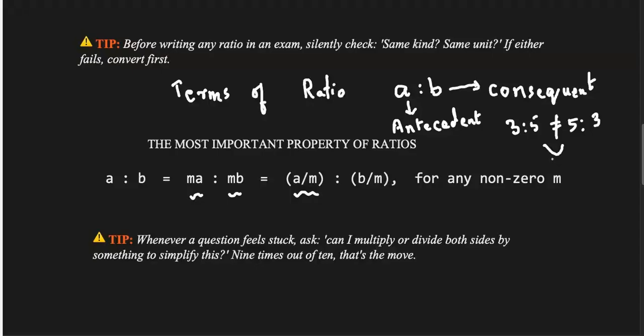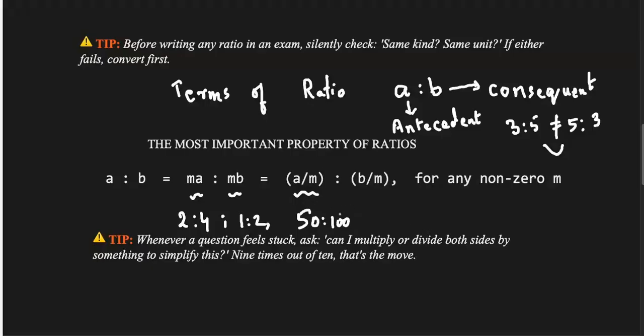Great. Now talking about the most important property of ratio. This is exactly why 2:4, 1:2, 50:100 are all the same ratios. Why?